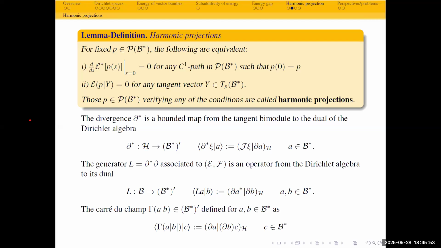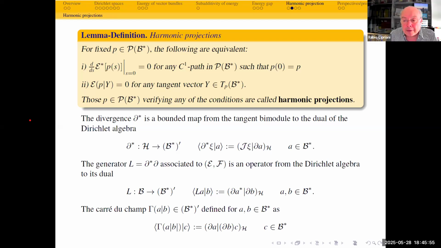Any critical point will be a harmonic projection. The name is suggested by the fact that we are considering the critical points of an energy functional. So we call it harmonic.